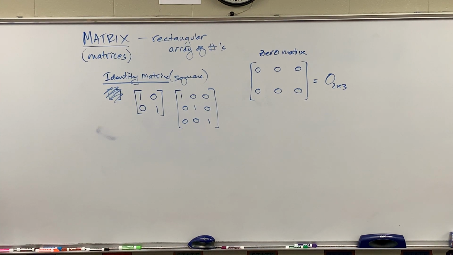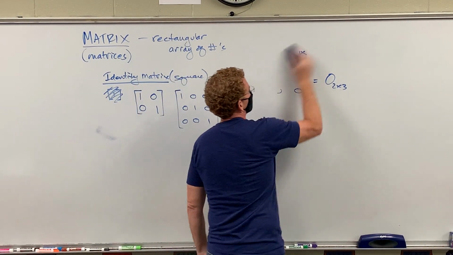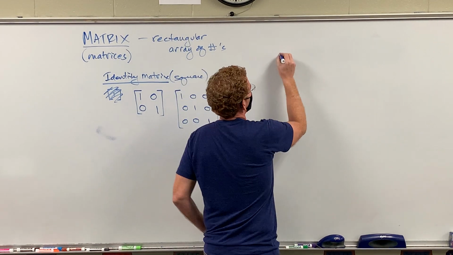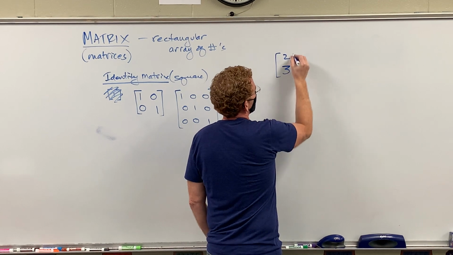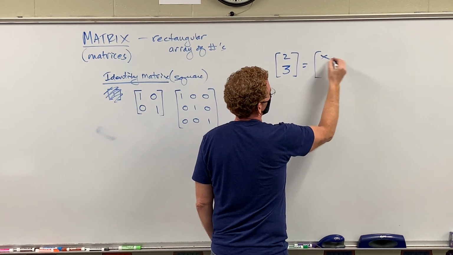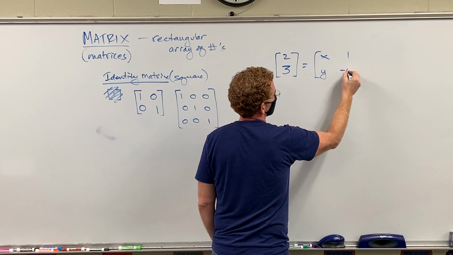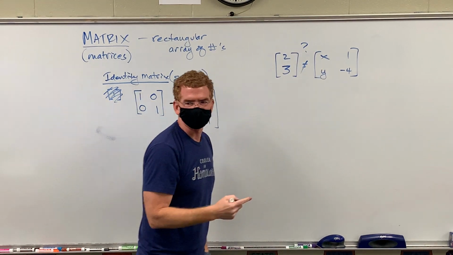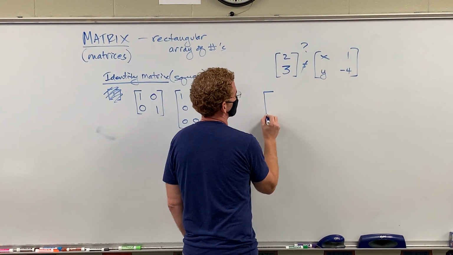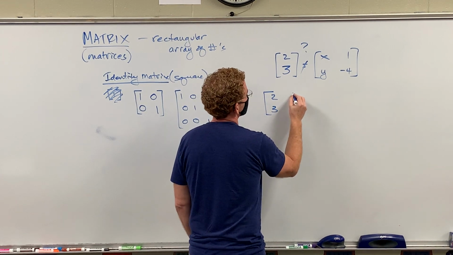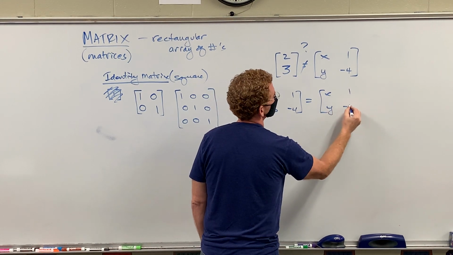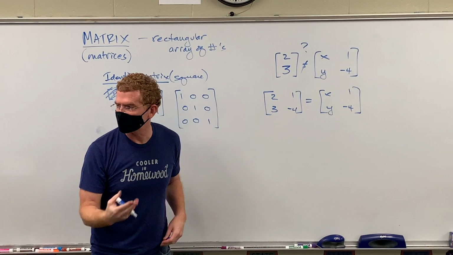A couple other things that I don't think are going to be a big deal, but in order for one matrix to equal another matrix, if they're equal, they have to be the same size. Like I could not say, hey, determine X, because this doesn't make any sense. These aren't equal because they're not the same size. But if they were the same size, then it would be pretty easy to see if these are equal.